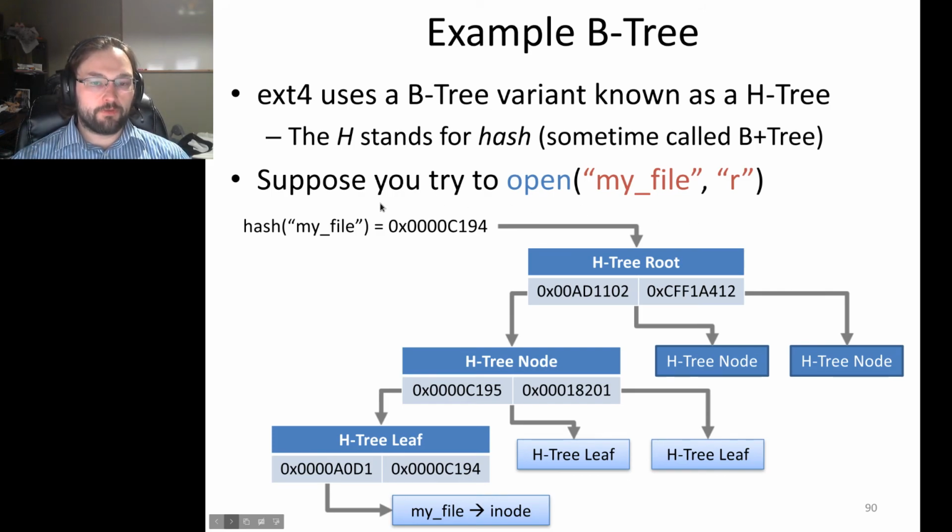For this, instead of using the key as the sort order for the items in the tree, we're going to hash the file name, and then use that hash, this is a hash table style hash, as the key in the tree. This has the advantage of meaning that we can use fixed size structures for all these nodes in the tree.